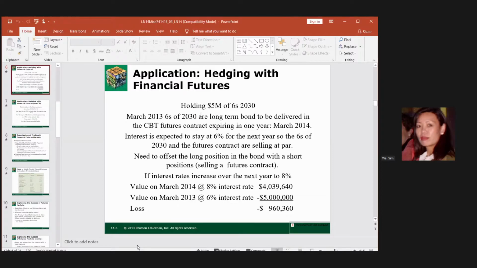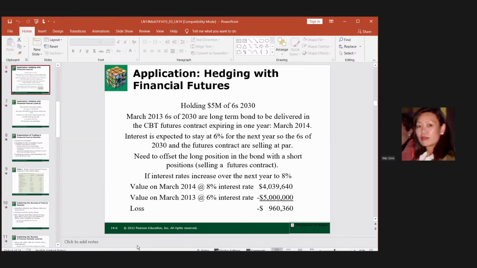So you have the bond, and then you have the futures contract. You want to get it in 1 year. But remember, we say you have the bond, so you should short, right? Take the opposite position, so short. Interest is expected to stay at 6%, which is good, means life is so easy.